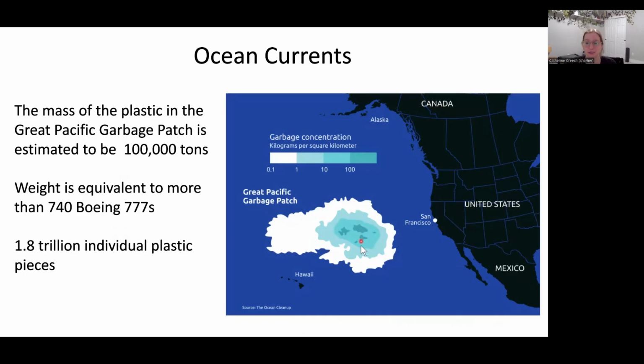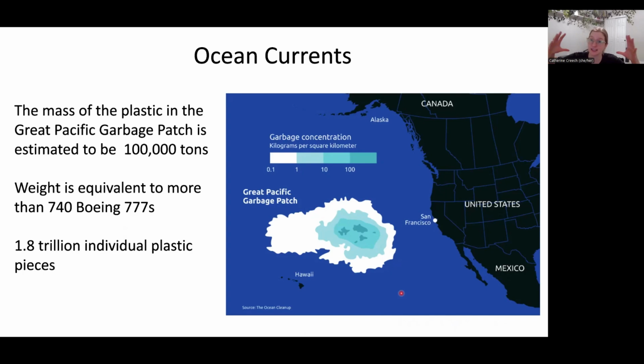So our Great Pacific Garbage Patch is a massive patch of 100,000 tons, which is equivalent to 740 Boeing 777s. And it is made of about 1.8 trillion pieces of plastic. Why does it exist? Because plastic got into the ocean and does continually in huge amounts every day.